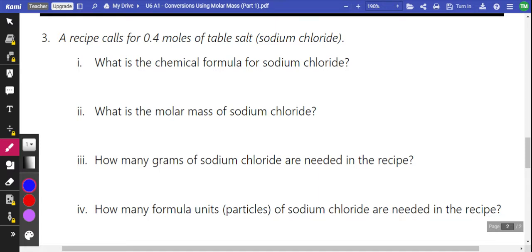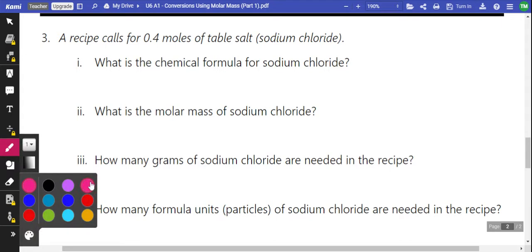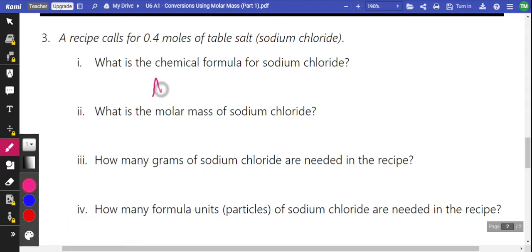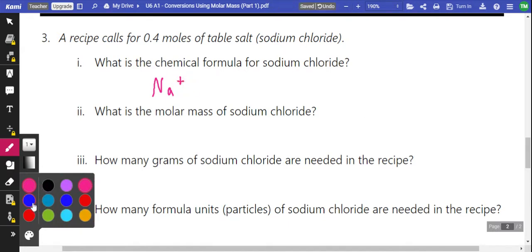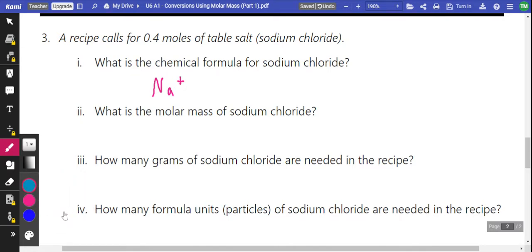Okay, what is the chemical formula for sodium chloride? Okay, well, sodium, right off the periodic table, is Na. And as an ion, it should have a +1 charge. Chlorine is Cl, and as an ion, it should have a -1 charge.